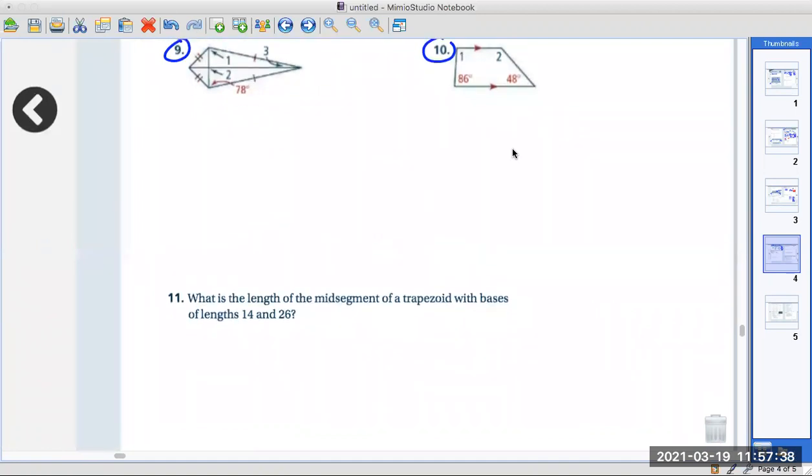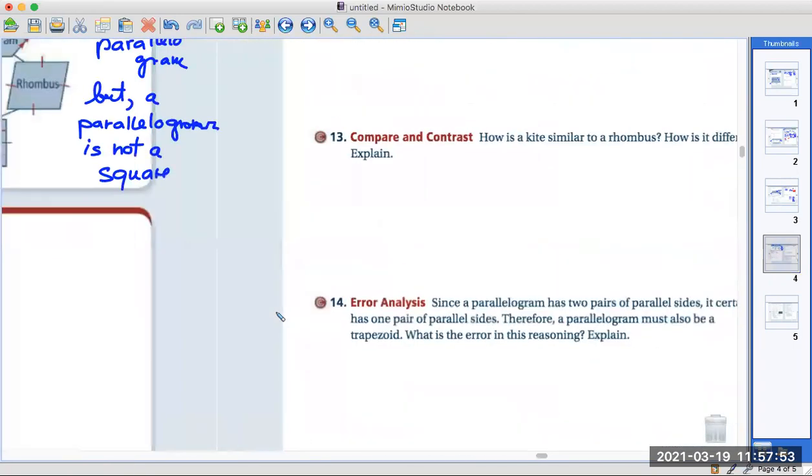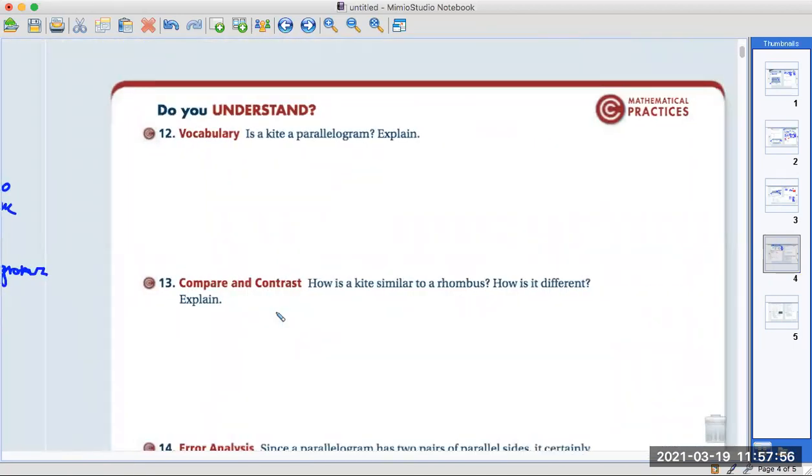So number 11, this is about the midsegment of a trapezoid. So remember that theorem about the midsegment, look it up. Next page, number 12 is a kite, a parallelogram. And I want you to look at the chart on the left that we just looked at and see if they're in the same family tree underneath, yeah?